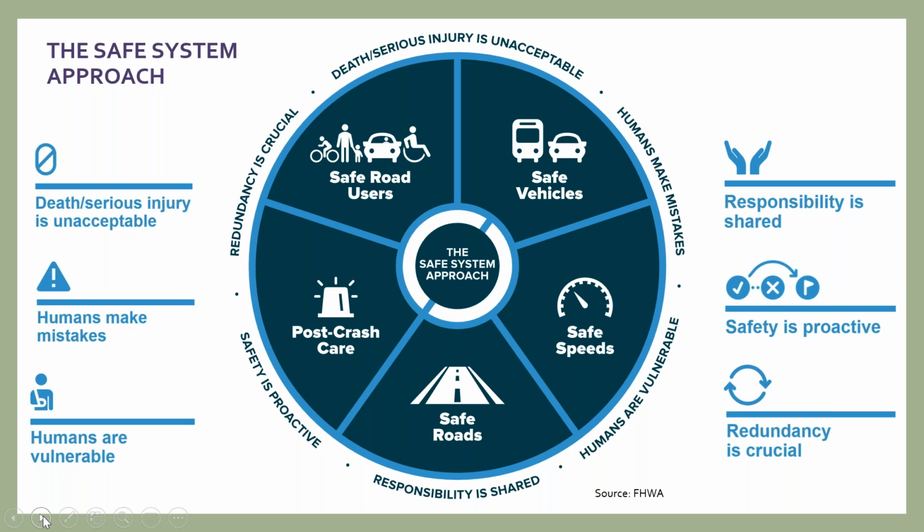And the focus is then on acknowledging that people will make mistakes. And we know that for our aging population, diminished abilities as drivers and as pedestrians can be a contributing factor to errors or mistakes on the road that can lead to crashes.